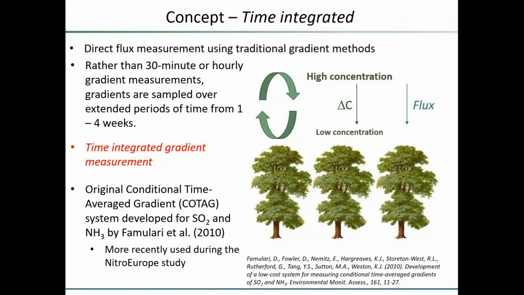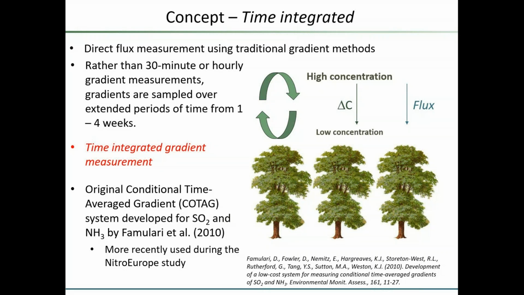So a couple of key concepts here for the type of approach that we're going to talk about today. And one is the concept of integrating the atmospheric measurements over time. I'm showing you a basic schematic here that illustrates the basic concept of using a traditional micrometeorological gradient method to directly measure the flux.